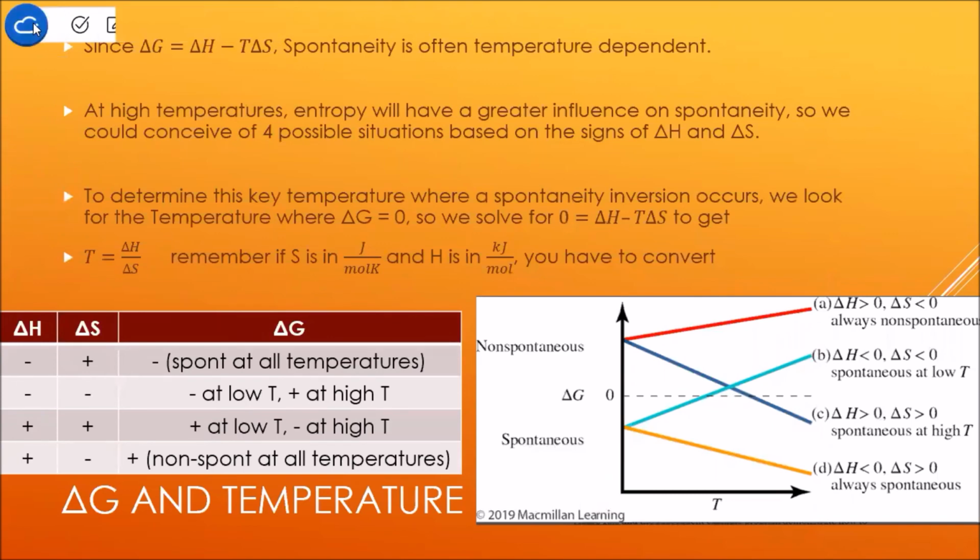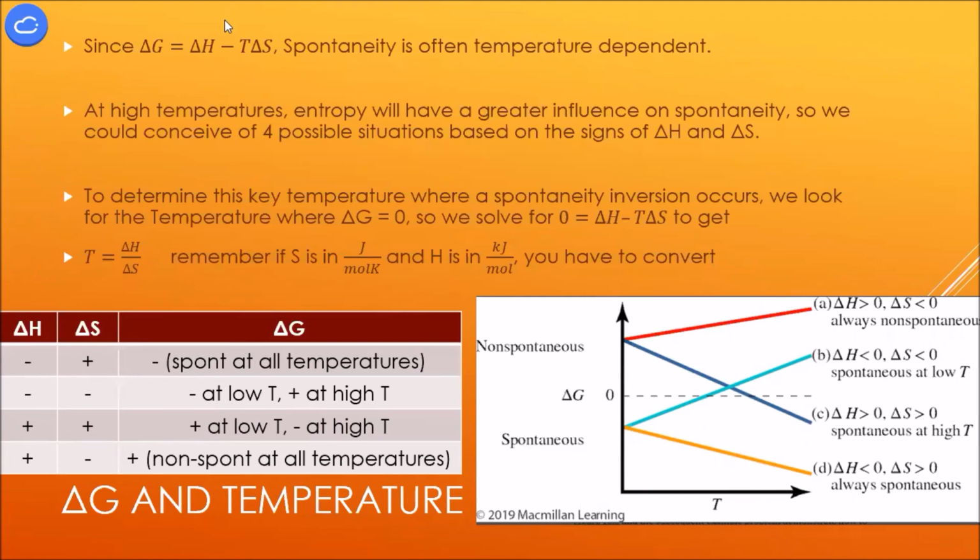Okay. Now, as I said, delta G is equal to delta H minus T delta S. What this means is that spontaneity is not constant throughout an entire reaction. It is temperature dependent, because delta H is more or less constant with temperature, and delta S is more or less constant with temperature.